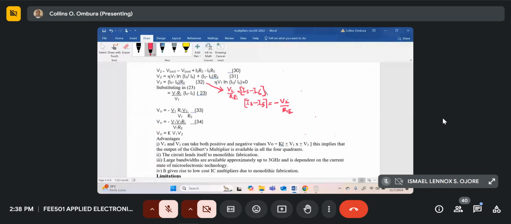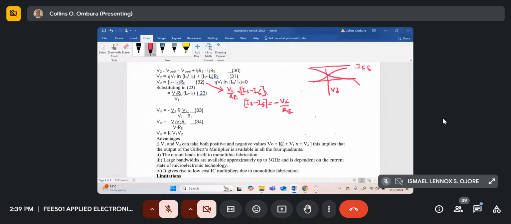From your study of differential amplifiers, this is your VD, your differential voltage, and this is maybe IEE, the total current, which in our case now is IT. You find that for the first transistor, the current will fall like this, the second transistor.